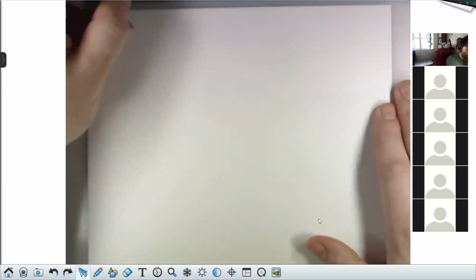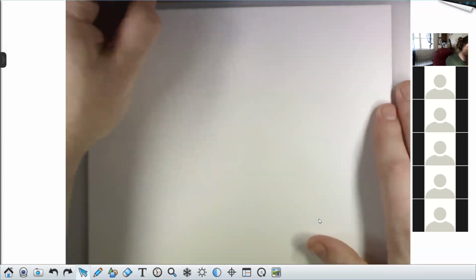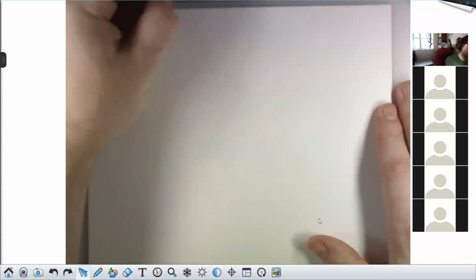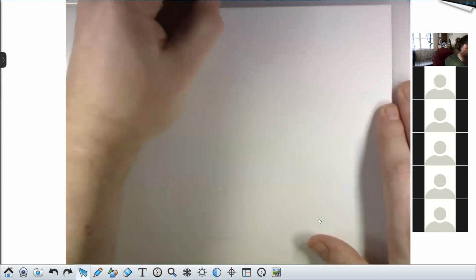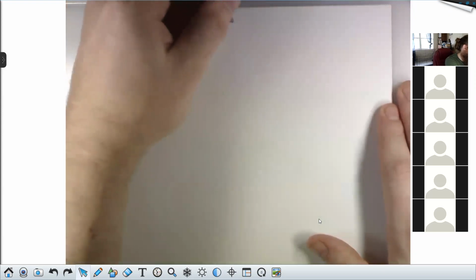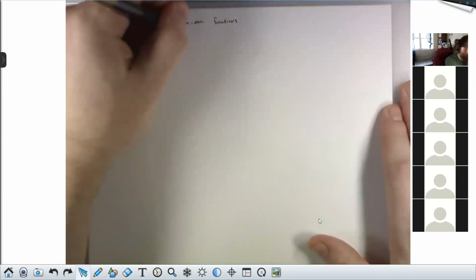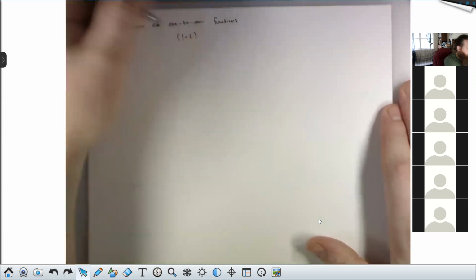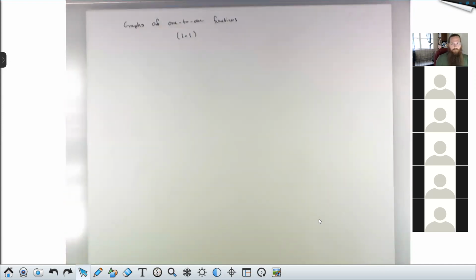So, graphs of one-to-one functions and non-one-to-one functions. One-to-one, I may abbreviate as 1-1, just so I don't have to write out the words.